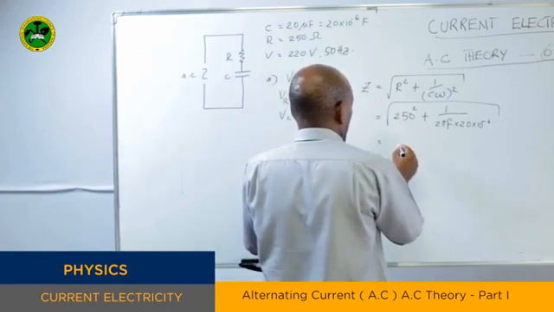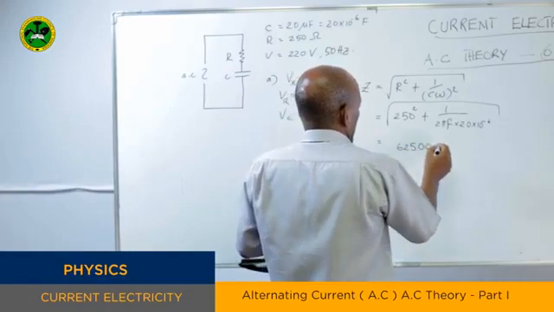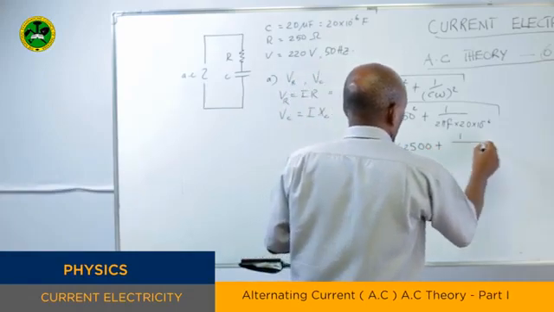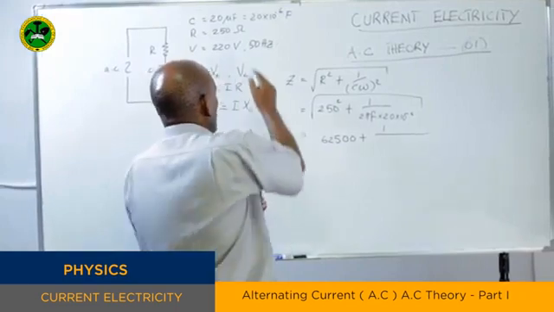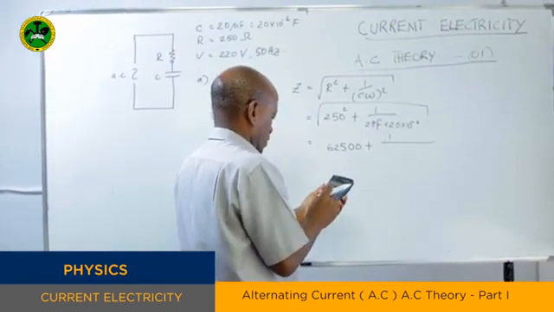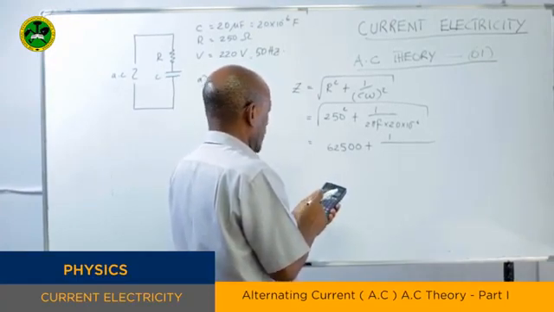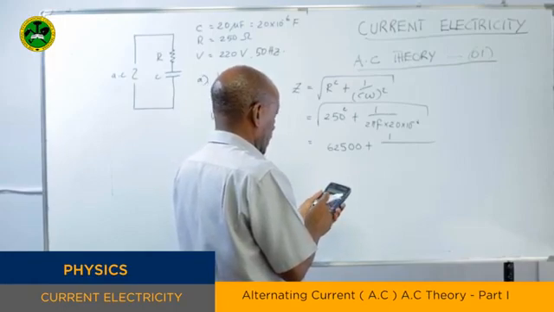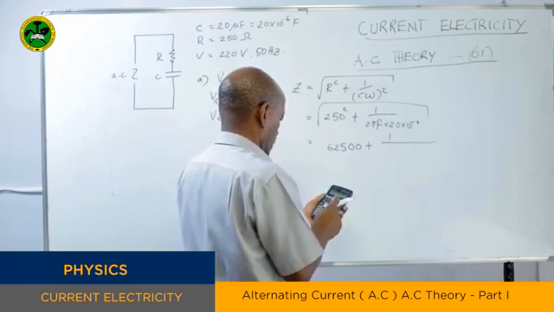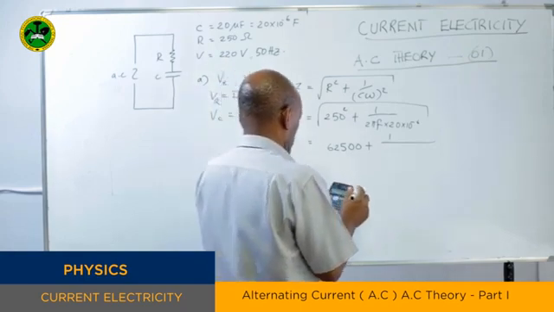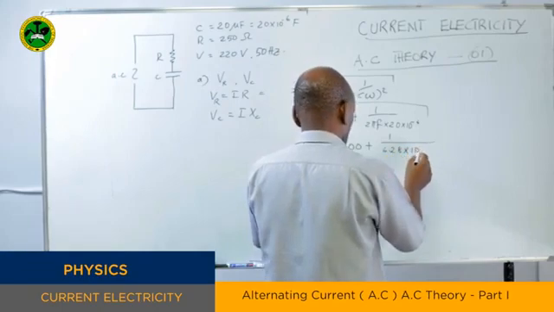R squared here will be equal to 62,500, and 1 over omega C will be equal to 1 over 2 times 3.14 times 50 times 20 times 10 power minus 6, so we are getting 6.28 times 10 power minus 3.